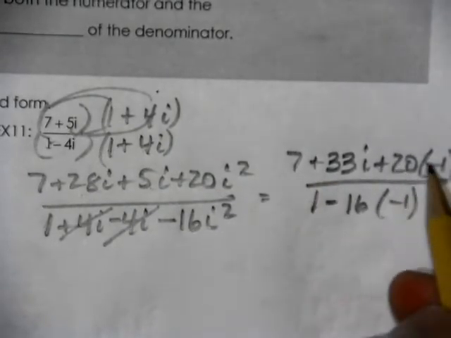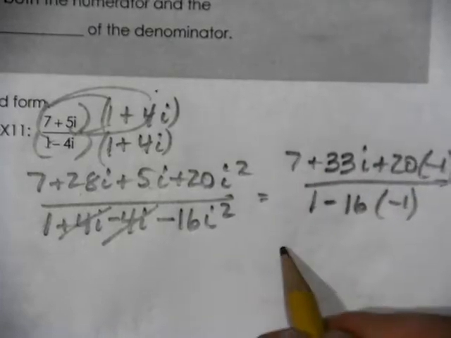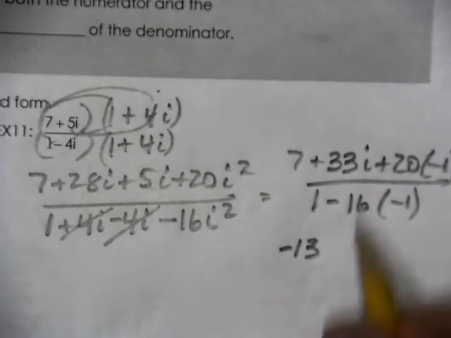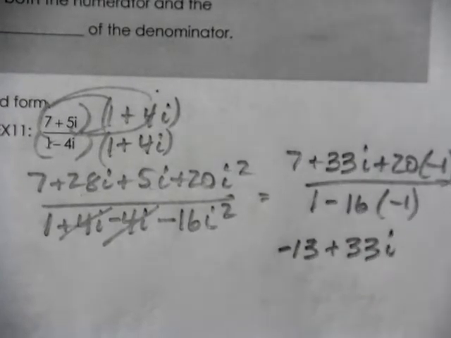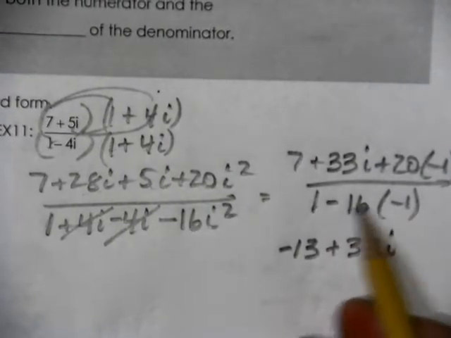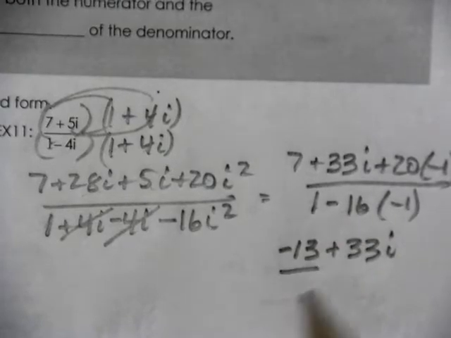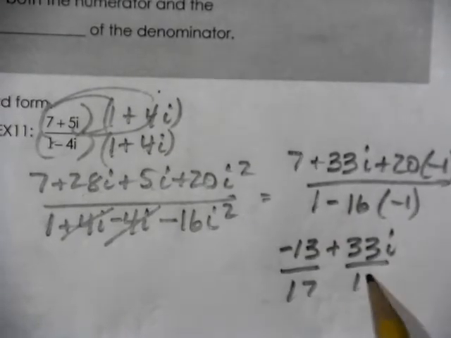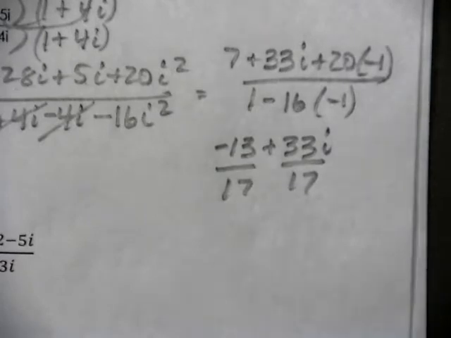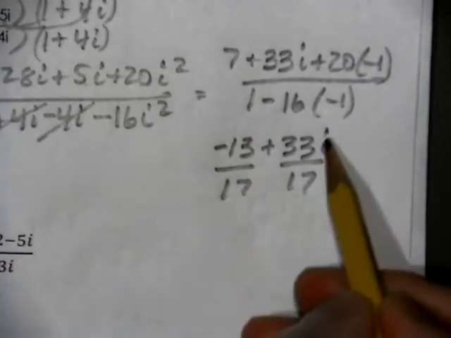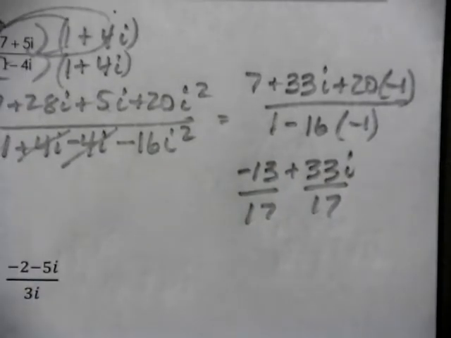That's going to give us a negative 20, so a negative 13 plus 33i. And a positive 16 and 1 is 17, so we write the 17 under each term. You have your real number and your imaginary number.